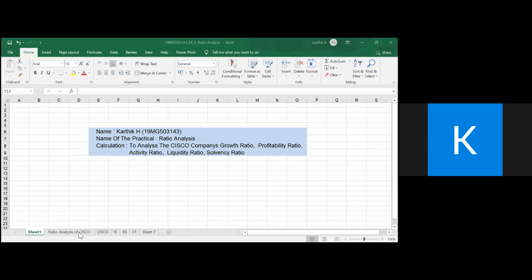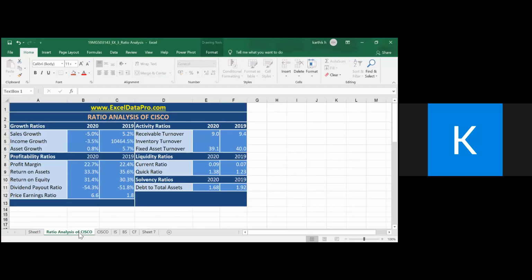Calculation of the ratios uses the income statement, balance sheet, cash flow statement, and share information. The data will be collected from Yahoo Finance.